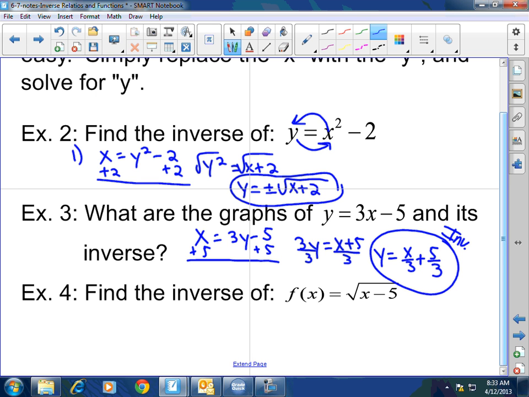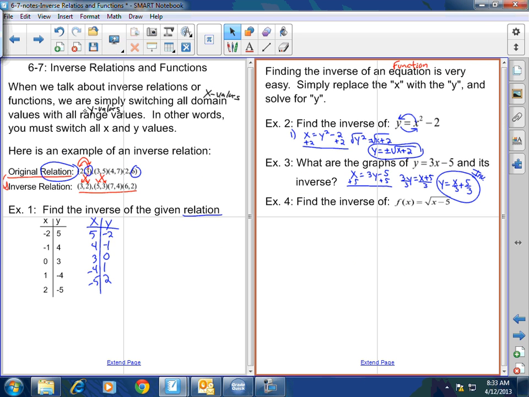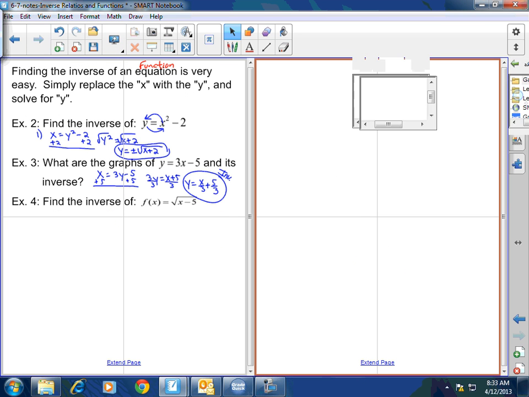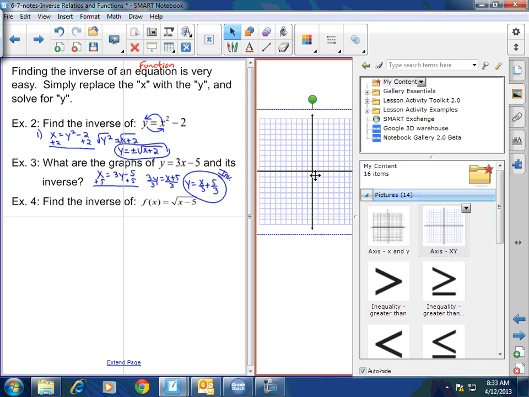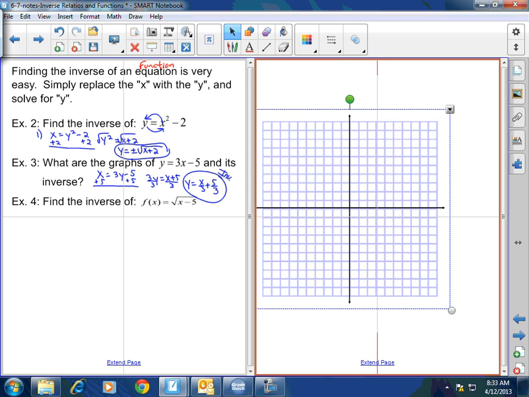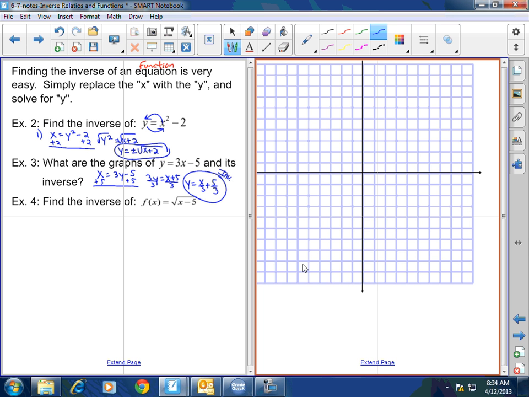However, from what we've learned, is it easy to graph a 5/3 as a y-intercept? No, right? So what I would do, let me split this screen here for a second. Whenever they give you a situation like this, where they want you to graph the original and the inverse, what I would do is the following.